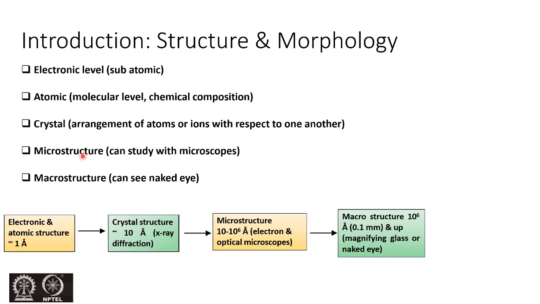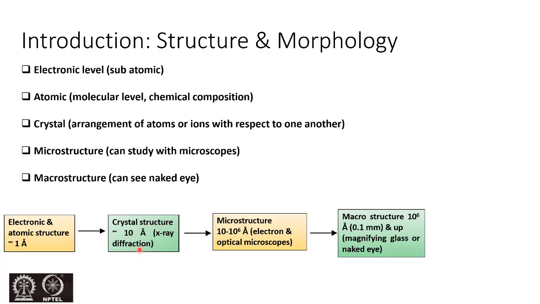Then we can see the microstructure. It can also be seen from the optical microscope, or from the SEM image, the microstructure of a material. And macrostructures we can see with the naked eye also. So electronic and atomic structures are around 1 angstrom levels, and the crystal structures are around 10 angstroms.